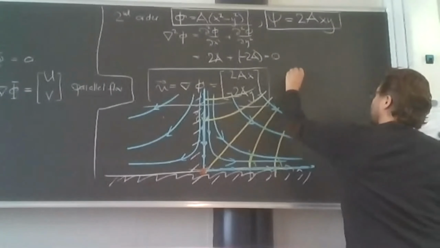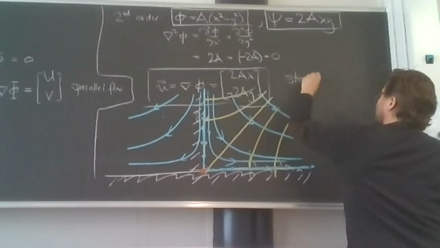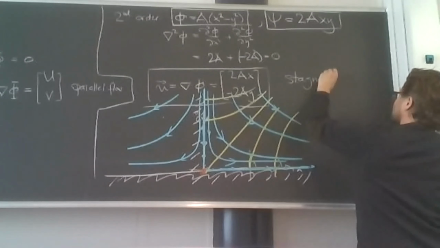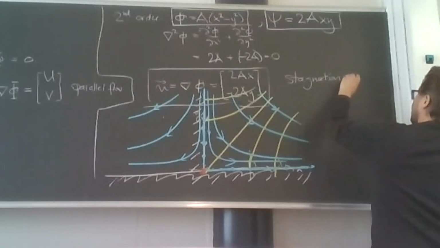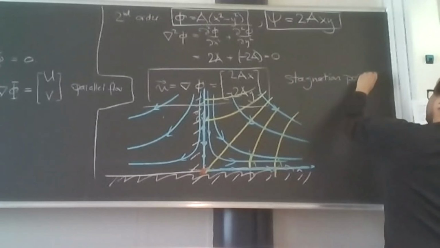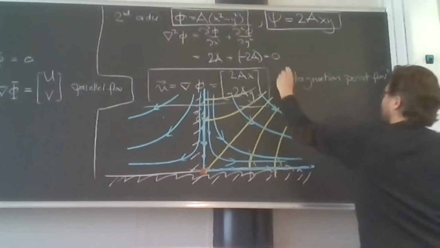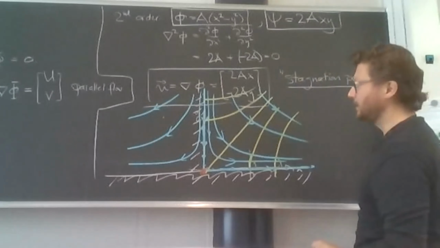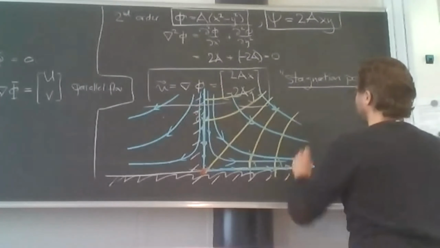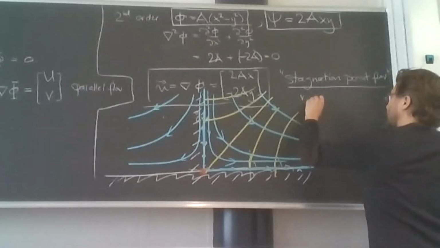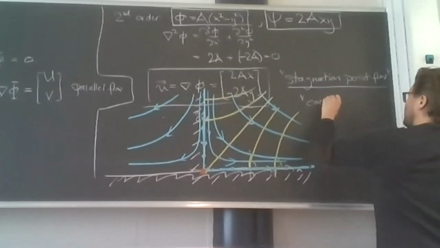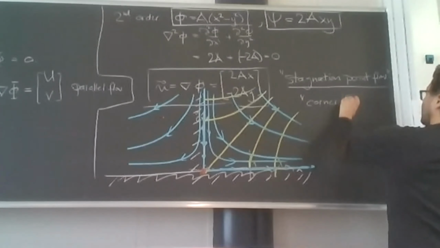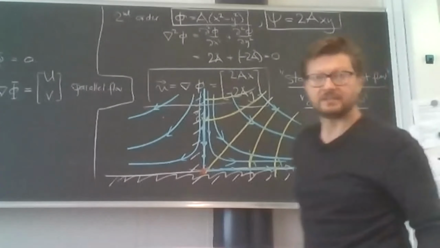So, stagnation point flow. Or equivalently, if you just consider this half here, it's a corner flow.